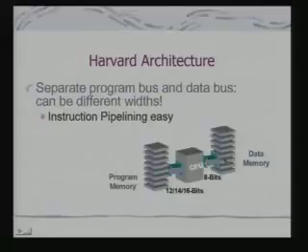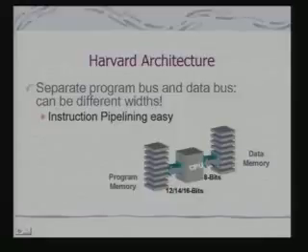And interestingly, since I have two distinct buses, their bit widths can be different. I have shown here an example where the program memory can have 12, 14 or 16 bits, while the data memory can be simply having a bus width of 8 bits.